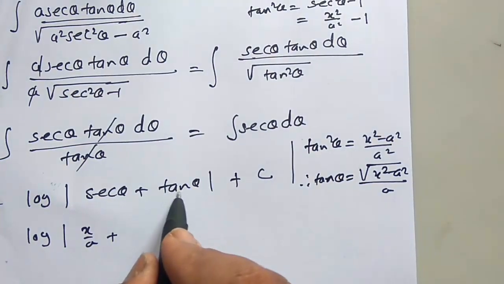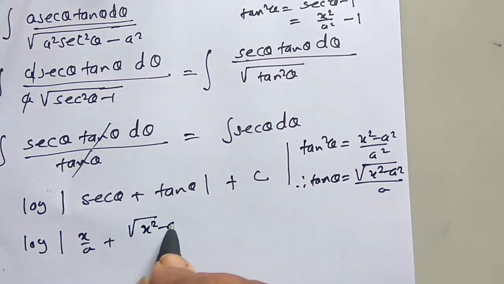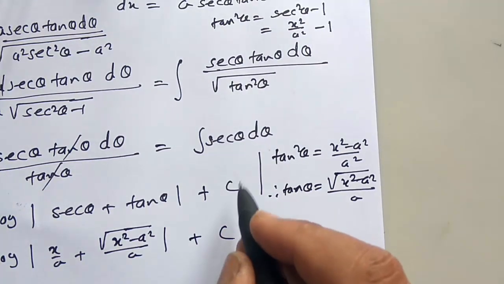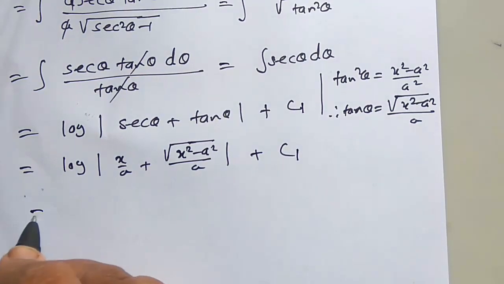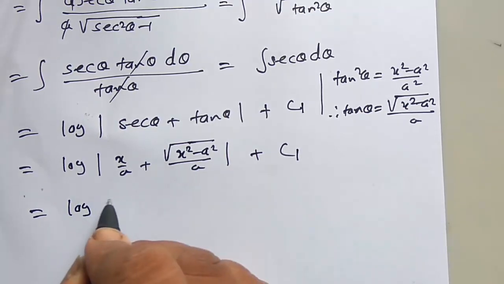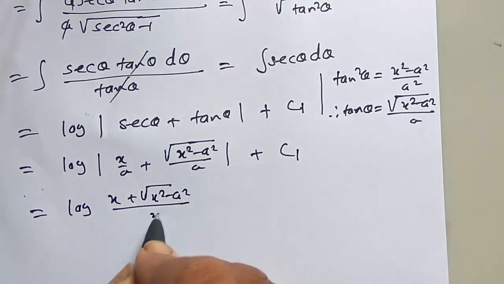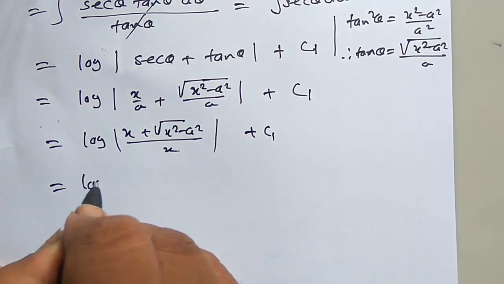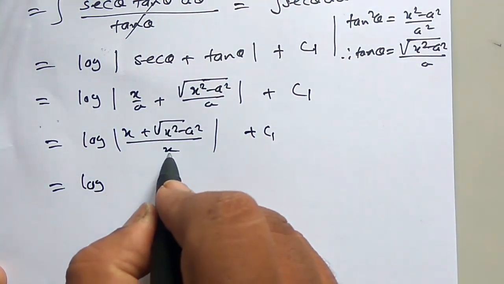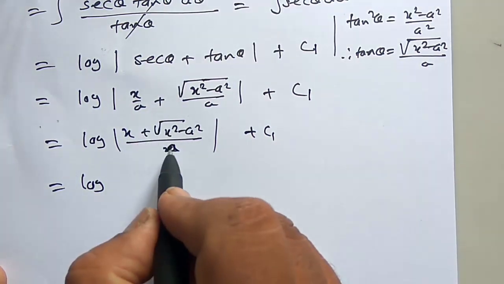So, by putting the value of tan theta as under root of x square minus a square upon a plus some constant, this constant I will take C1. This is equal to log of x plus under root of x square minus a square upon a, LCM is a, plus C1, which is equal to, log m upon n is log m minus log n.